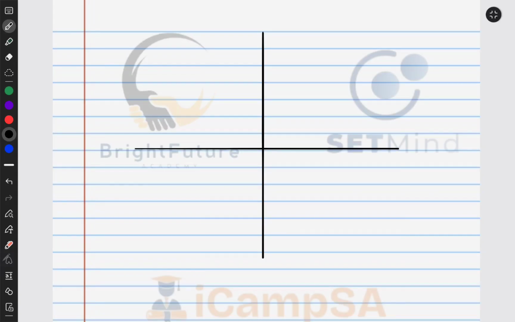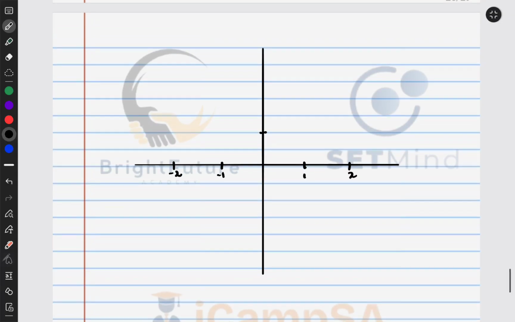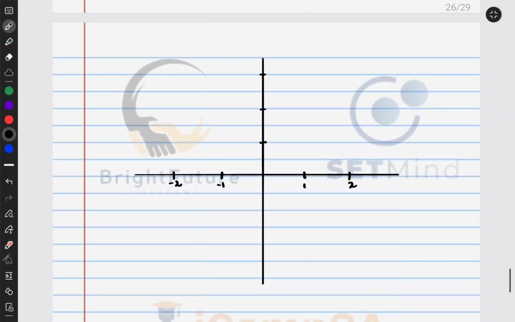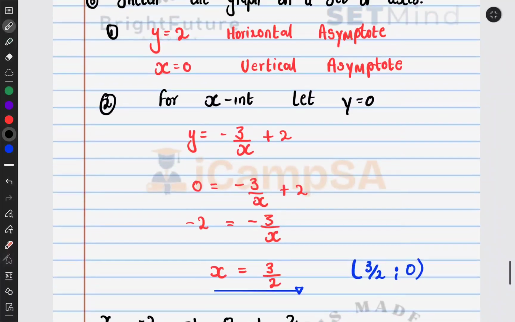We have 1, 2, 1, 2, negative 1, negative 2. Then on the vertical axis, 2, 4, 6, negative 2, negative 4, negative 6.